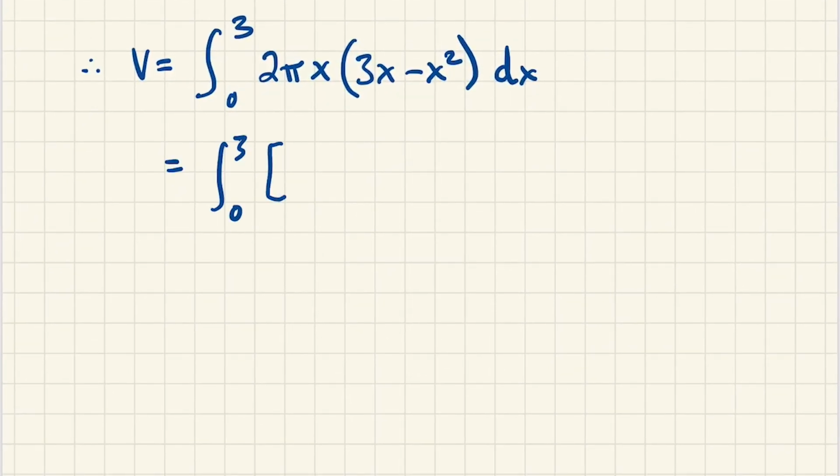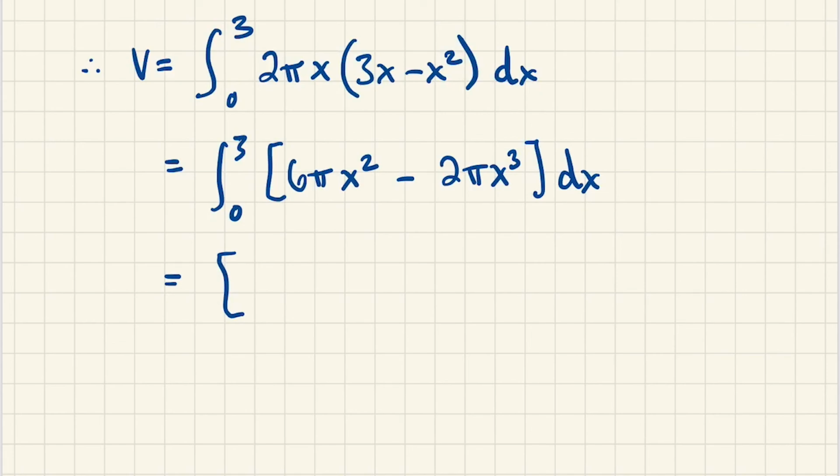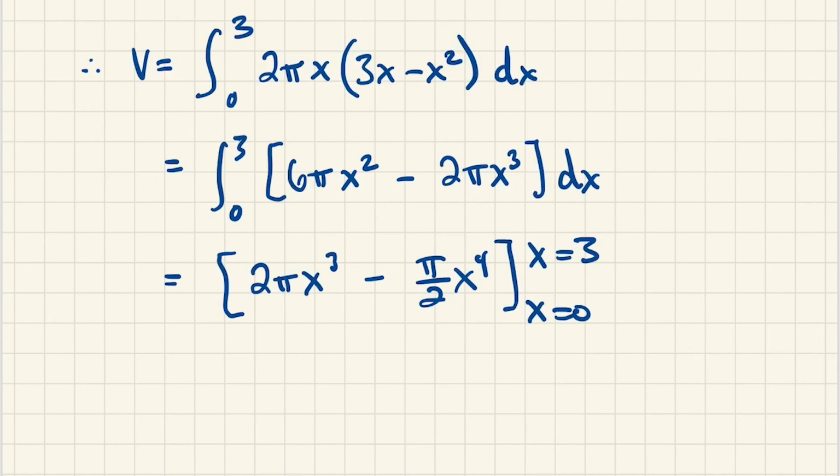We can distribute, so we get 6 pi x squared minus 2 pi x cubed. And integrating will give us 2 pi x cubed minus pi over 2 x to the fourth from 0 to 3.